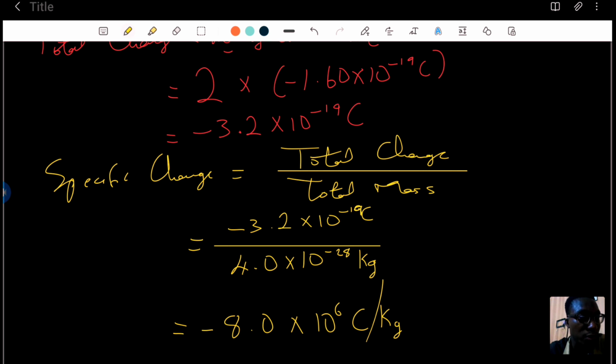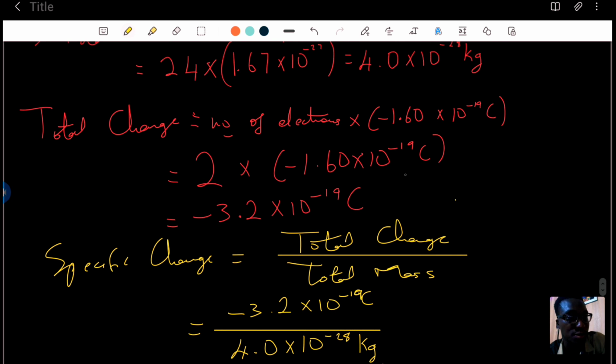One thing I just want to point out is, if the question says the ion or the atom gains electrons, the value of your charge will be negative.